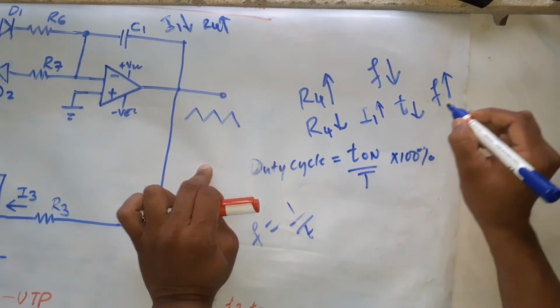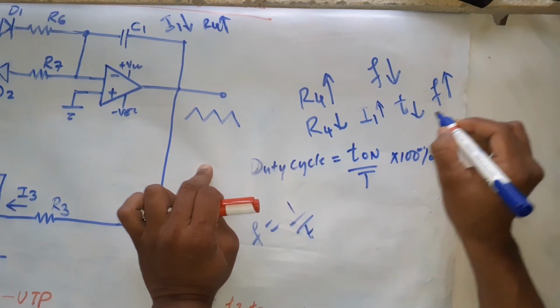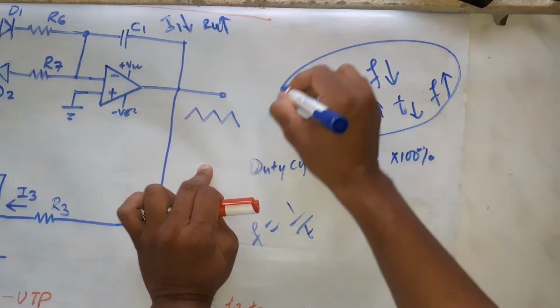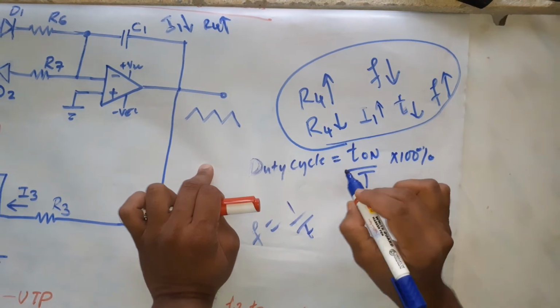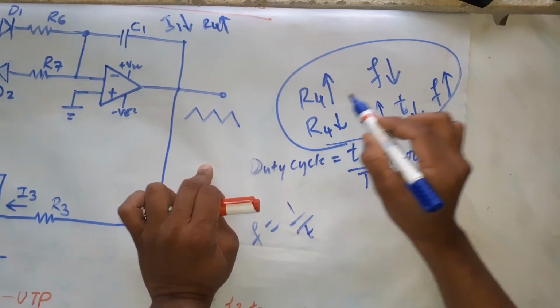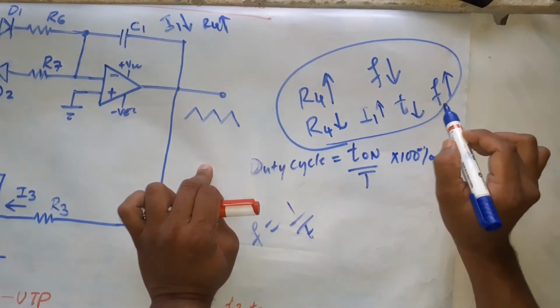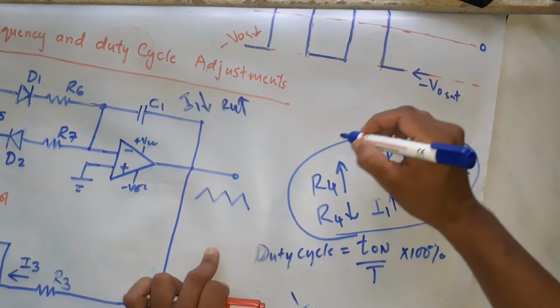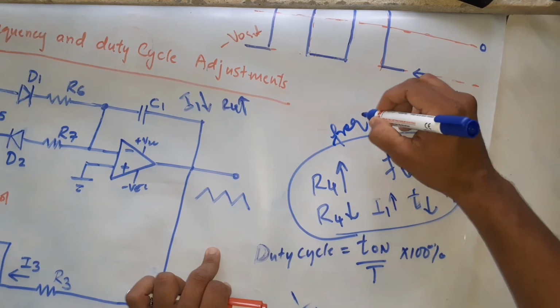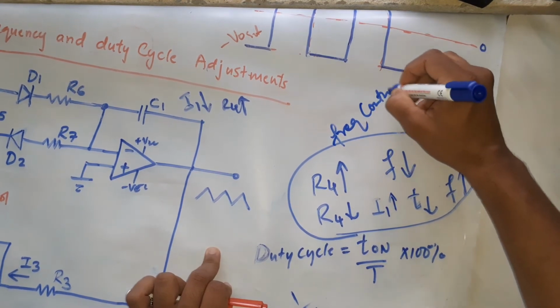Time reduces, so this will increase your frequency. This is what the frequency control is with the resistor R4. If you increase resistor R4, frequency will decrease. If you decrease resistor R4, your frequency will increase. So this is the frequency control.